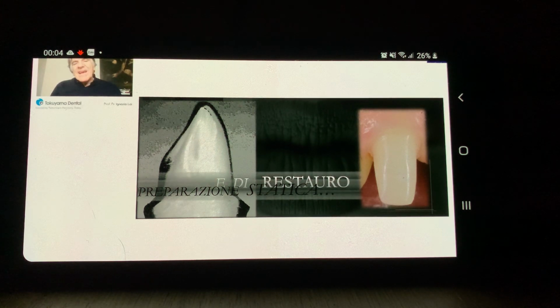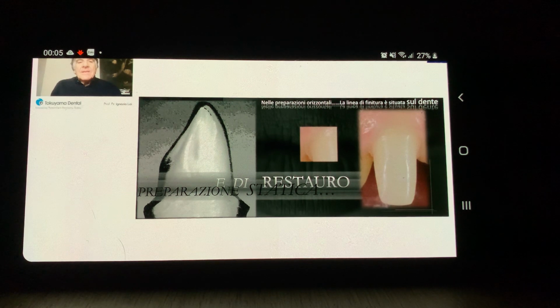This is why a restoration in these situations is a static restoration, because it cannot emerge in a different way than the volumes we already have described with our preparation in our space. Because the finish line, the space we create, is on the tooth.